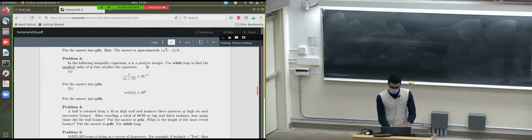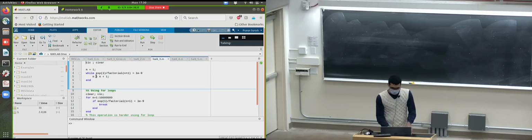What do I mean by this condition not met? I mean that while e divided by factorial of n plus 1 is greater than 10 to the power minus 9, right? So here there's a greater than sign. Why do I put a greater than sign? Because I need to change the value of n until this is not true. That will give me the smallest value of n, if that makes sense.